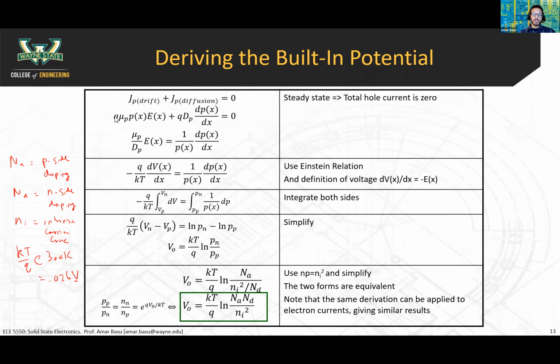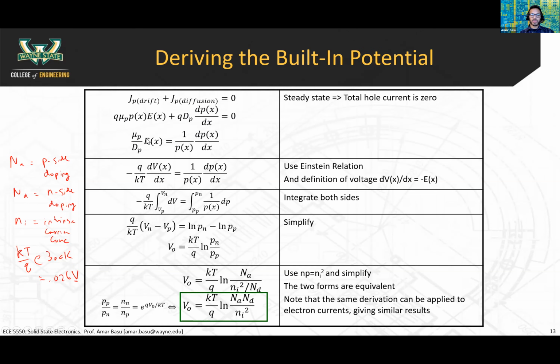Now we plug in, from what we learned in last module, the formula for drift current. Okay, this is this portion here. Q mu p times p represents the conductivity. Conductivity times the electric field is equal to the drift current. Okay, and this is from Fick's law, the diffusion current. Q times the diffusion coefficient times the concentration gradient. So from here, we set the sum of them equal to zero.